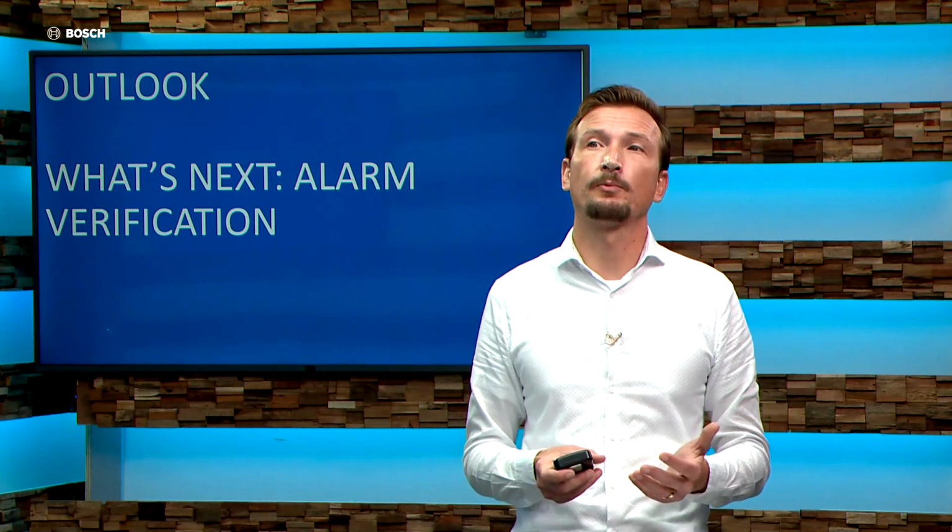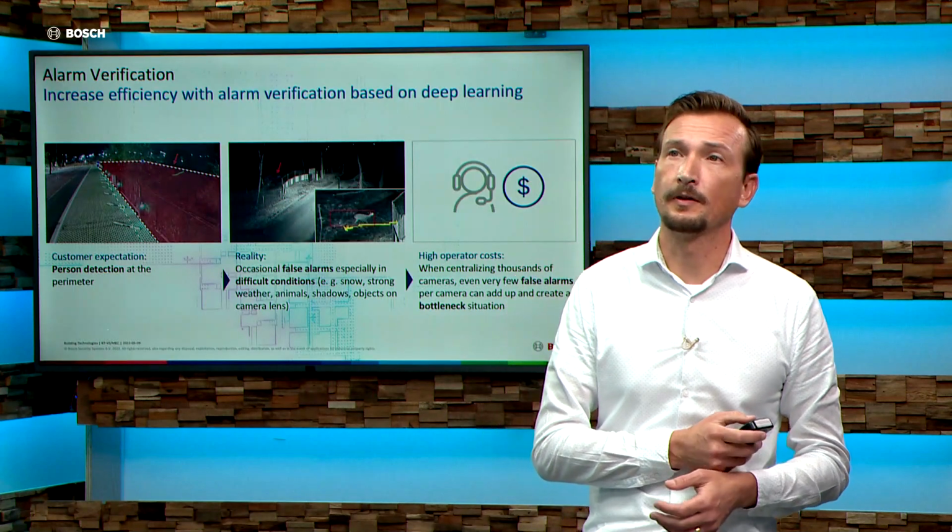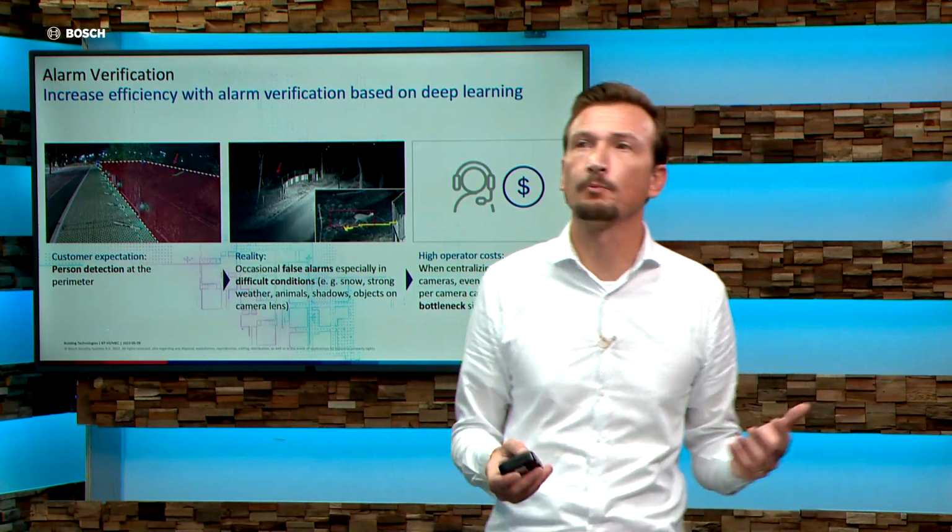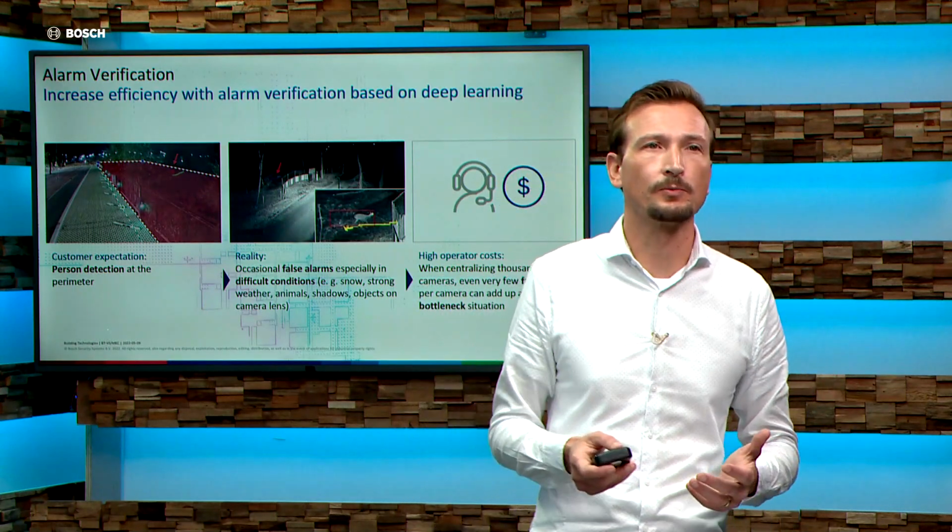But now I would like to go into what is coming. You know about that alarm verification. This is a feature we plan to release soon. It's coming quite soon, and I'm going to explain when. But what is alarm verification? What is this feature and what can it bring to you, our customers?